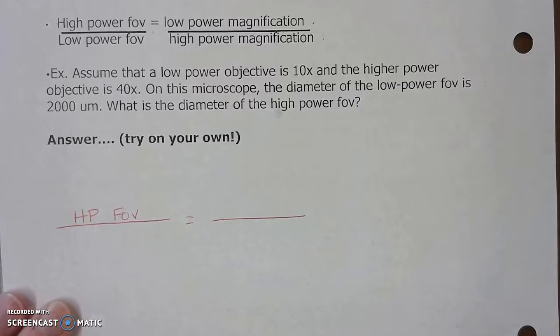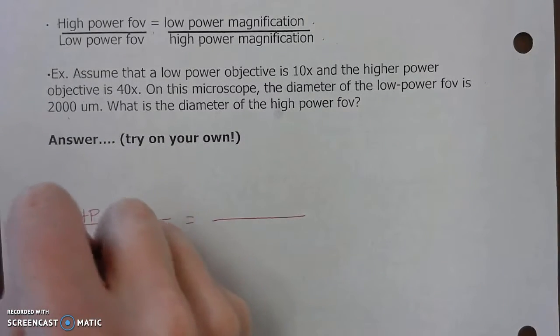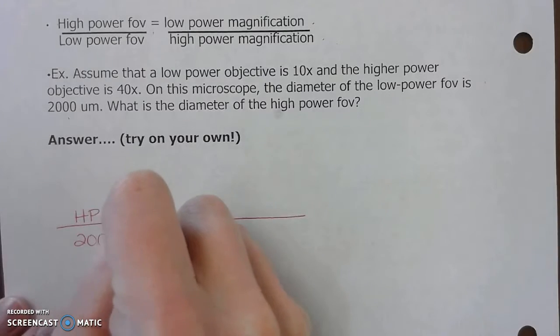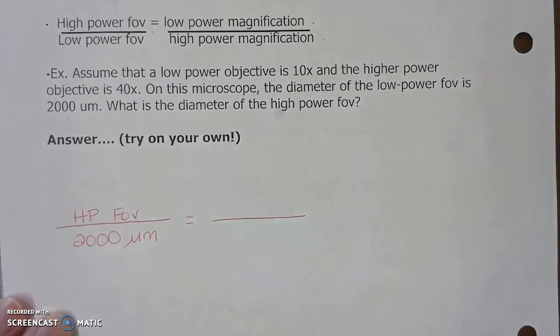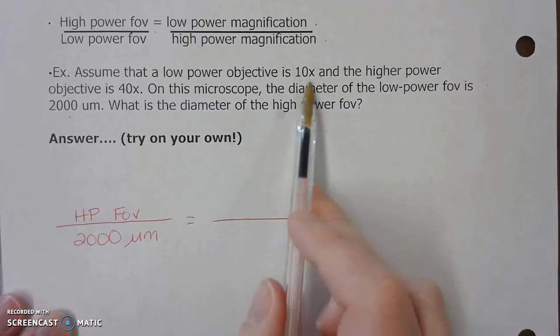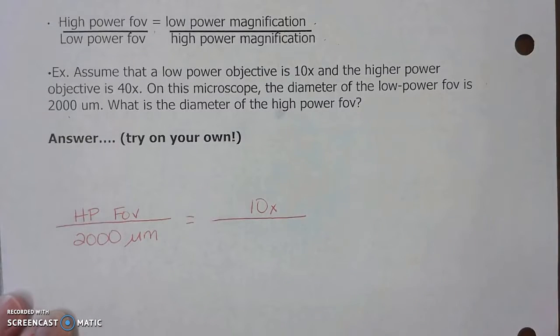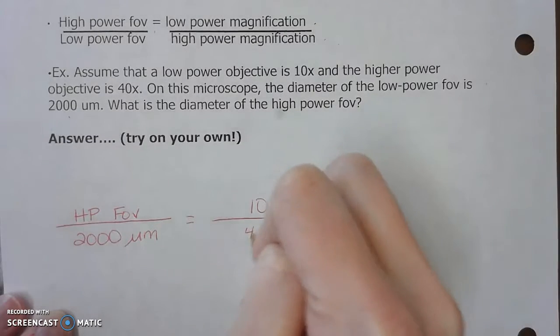That's our unknown today. The low power field of view, they tell us, is 2,000 micrometers. You want to make sure you include units here. The low power magnification is 10x. The high power objective is 40x.